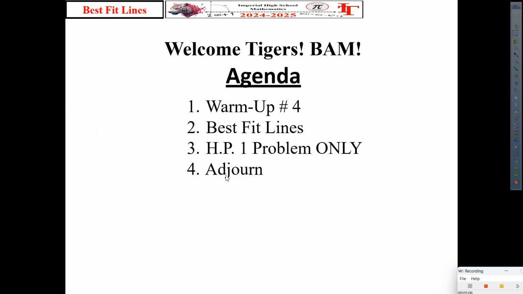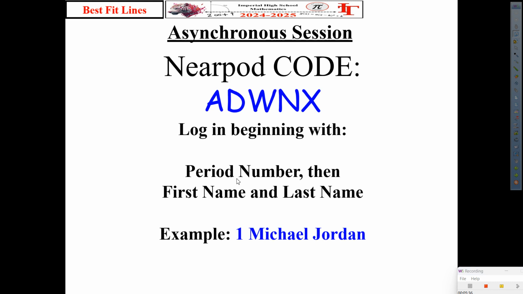So, we did the warm-up, we copied the agenda. The next thing was to check home plate, which I said to do what? To have a great day, right? However, write that code down on your paper, please, so you can have access to the home plate tonight on Nearpod. Code ADWNX.